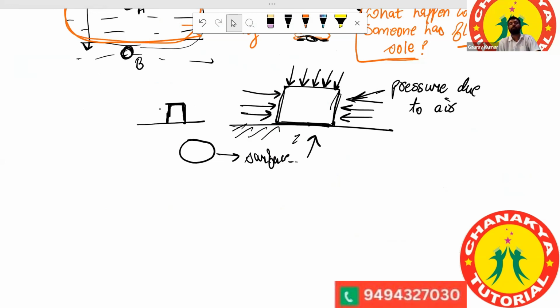Karthik asked a question: if there is pressure below the palm, or below the sole of the foot. Like I told you, if any surface is attached to another surface, there won't be any space between them. If there is no space, then the air won't be able to apply any pressure. The same is the case for the sole of our foot.